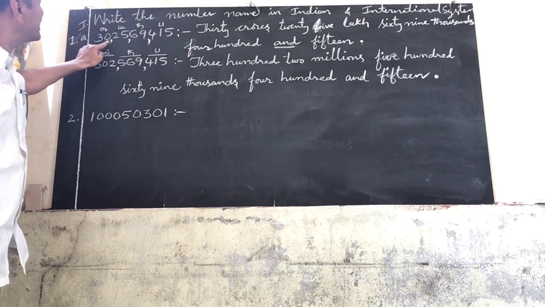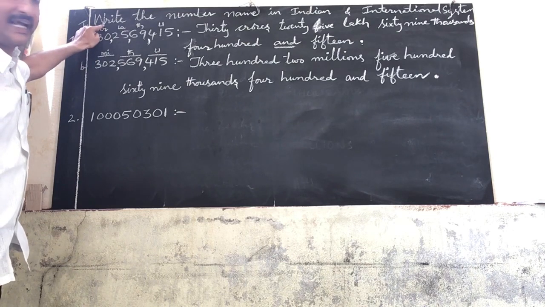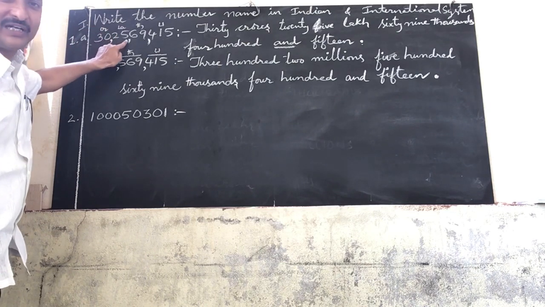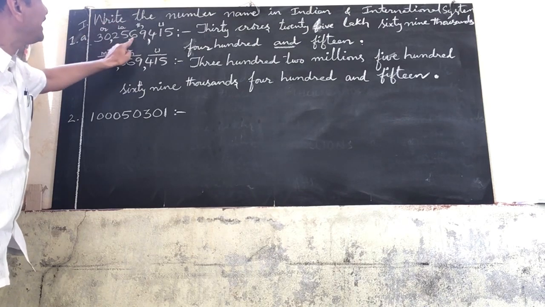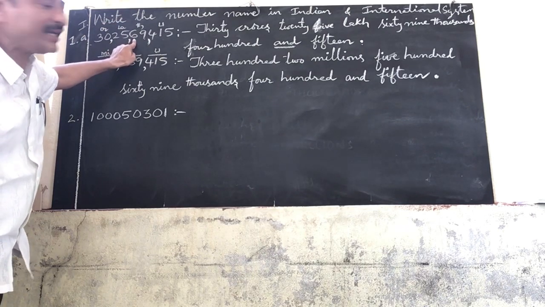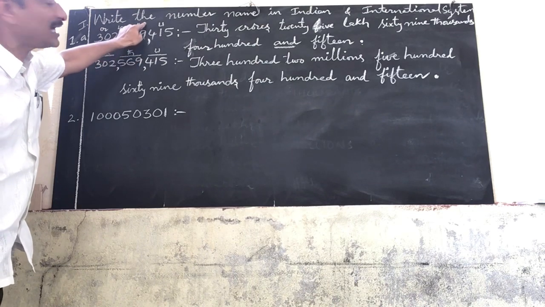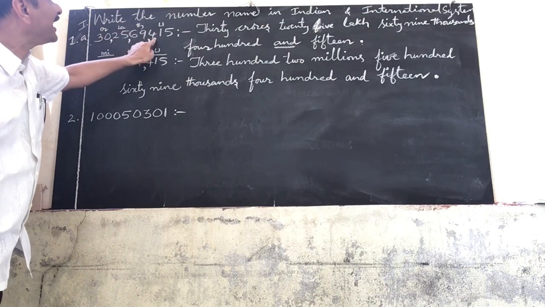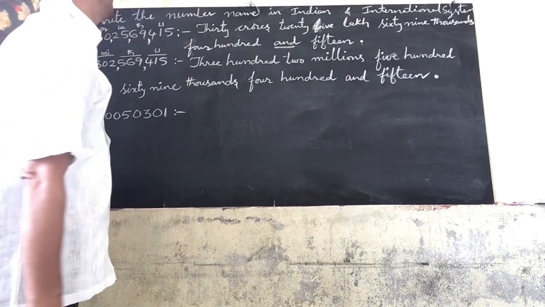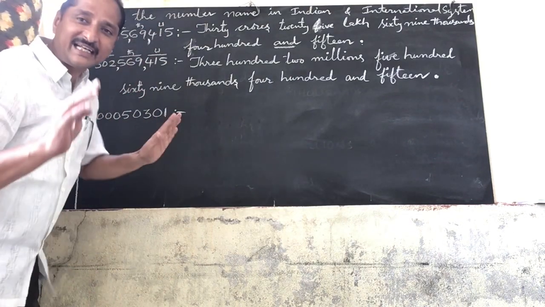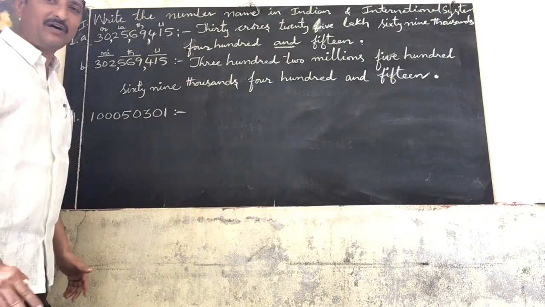Crores. So 30 crores. Next, read the number under the period: 25, period name lakhs. And read the number under the last period: 69,450. At the end, you don't need to use units. So this is writing a number name in the Indian system of numeration.